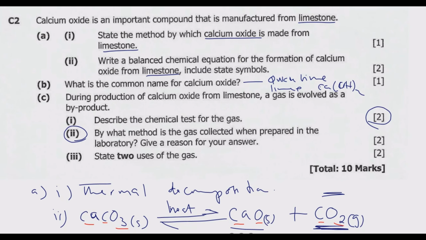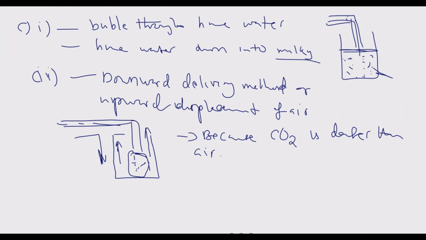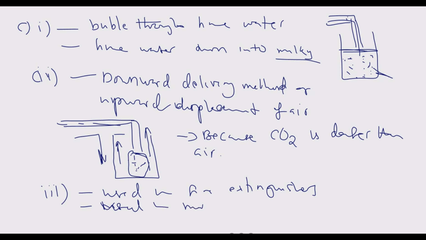Question C, Roman numeral 3: state 2 uses of the gas. The common uses of carbon dioxide: number 1, it is used in fire extinguishers because it puts off fire. Number 2, it is used in making carbonated drinks in the manufacturing industry.